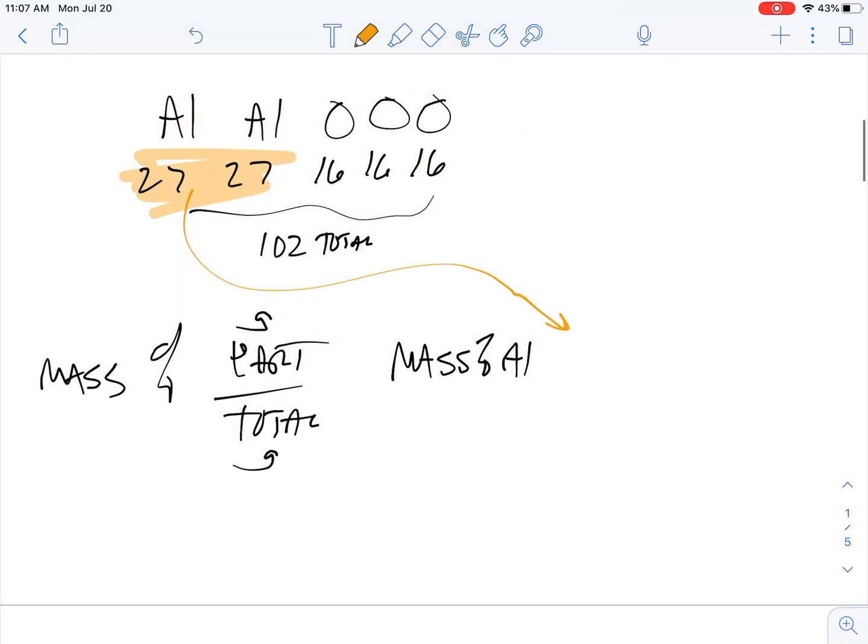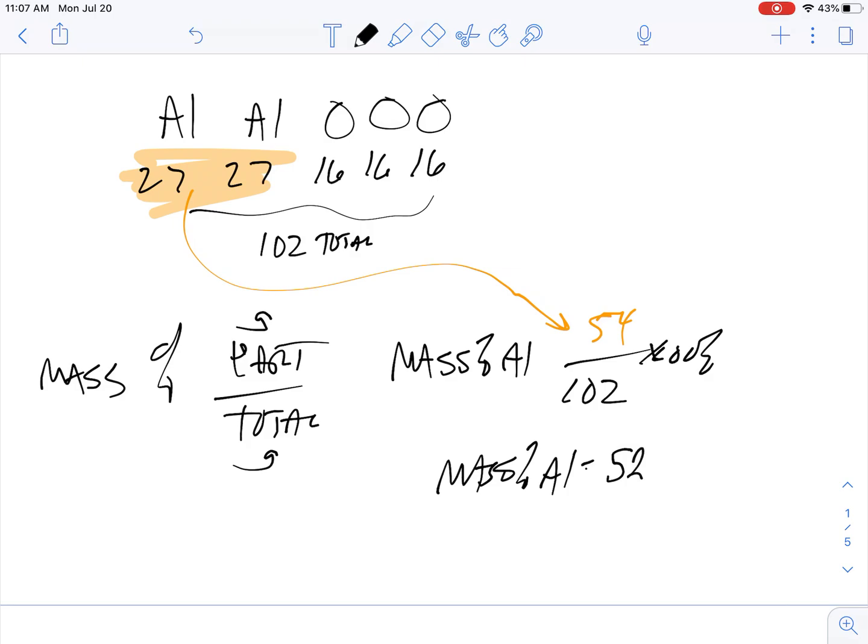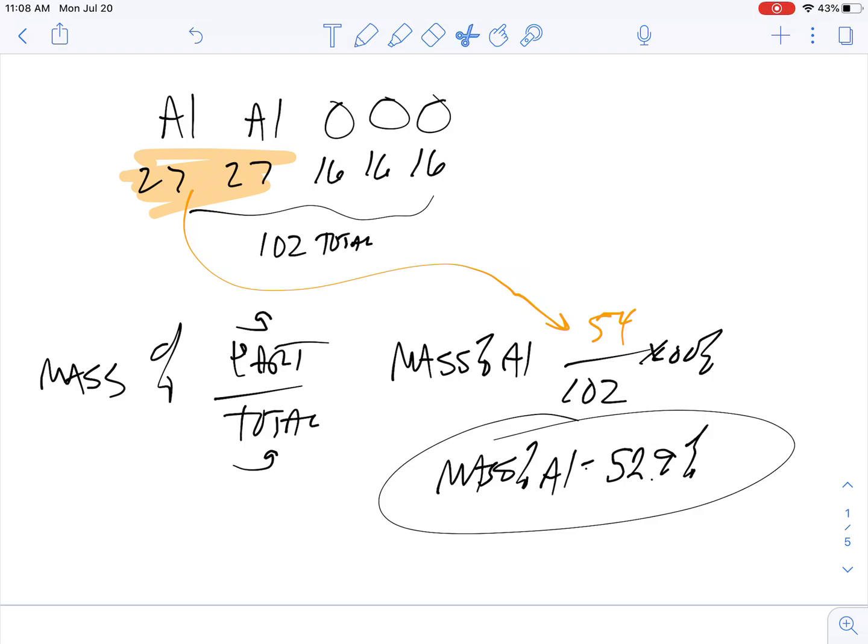So that's going to be up top here, 54, and then the total down below is just the 102, and don't forget to multiply it by 100%. So your mass percent of aluminum in this problem is 52.9%.